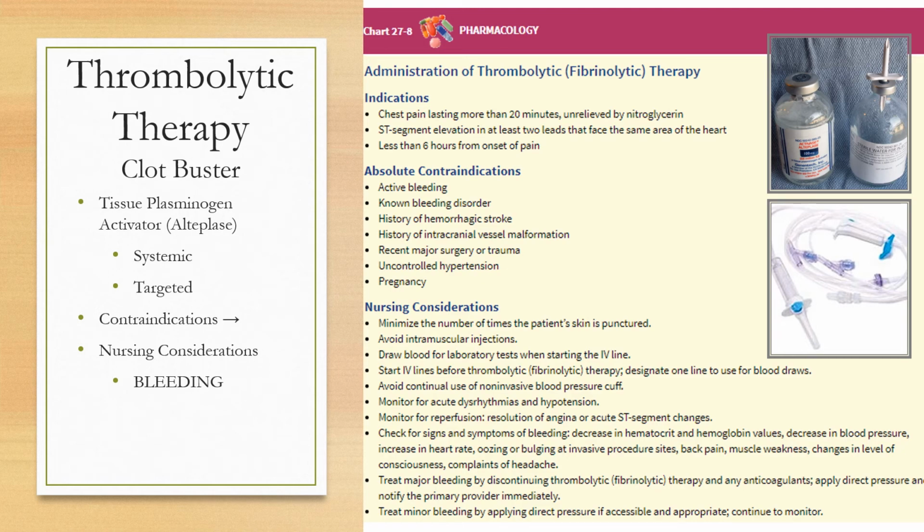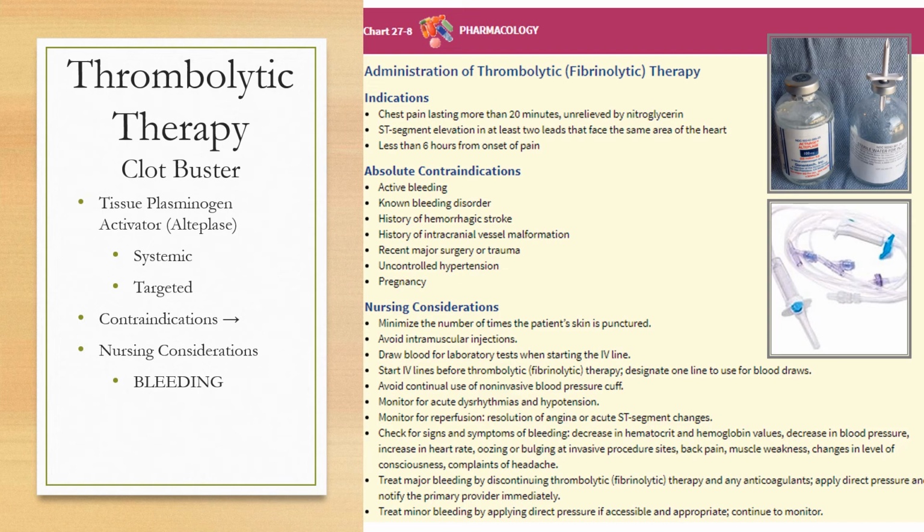So if it's a hemophiliac, or someone with extremely low platelets, or someone who's on warfarin and their INR is high. An INR greater than 1.5 while you're on warfarin is a contraindication to using a thrombolytic because of the bleeding risk. Always think of bleeding with thrombolytics as the contraindications.